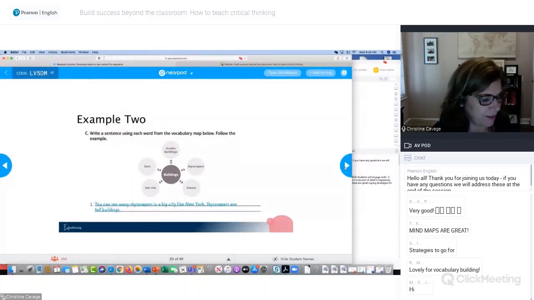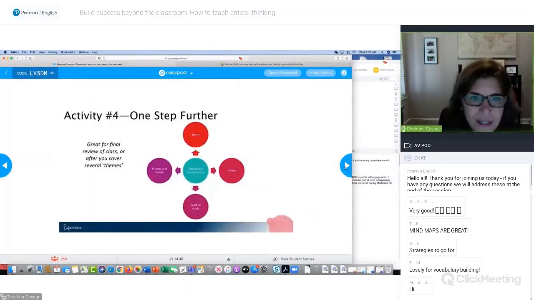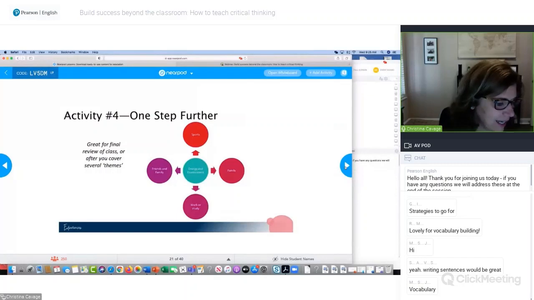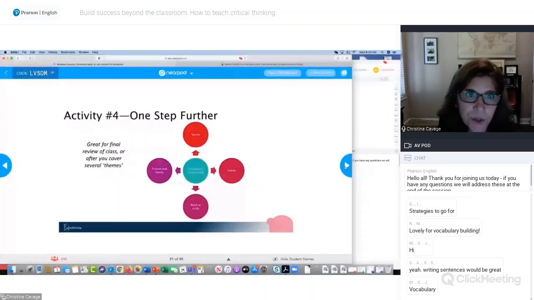So we have another example with a graphic organizer here. Taking it just one step further, it actually makes its own activity, because I love this activity when you're reviewing class material. It might be the end of the term or the end of a unit. Let's say in my class, we studied several themes.